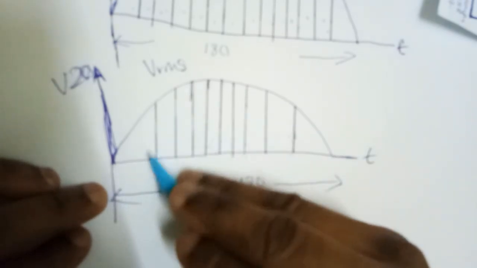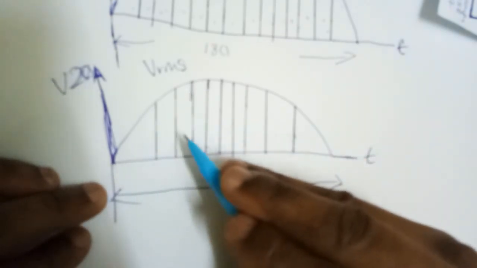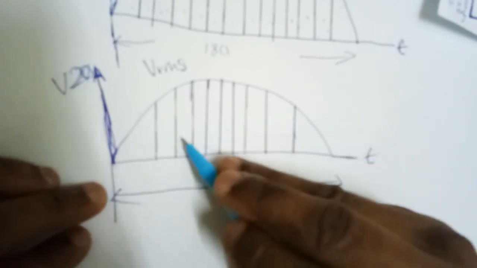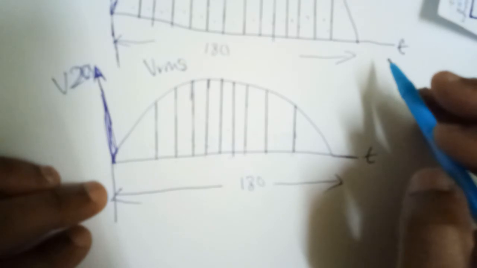The more parts you divide it into, the more accuracy you will get.